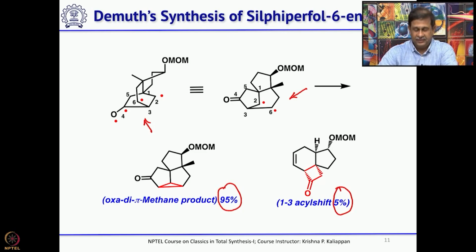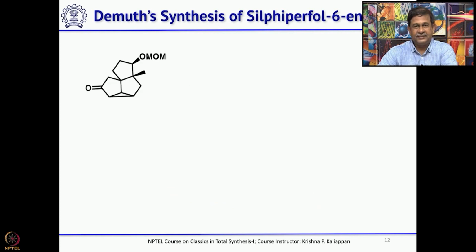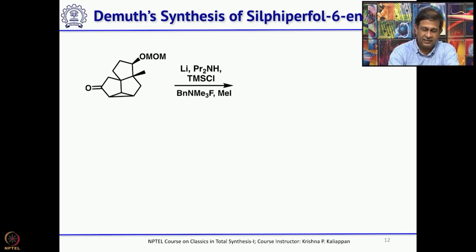formation. So, this tetracyclic compound next is reductively opened. Okay, so lithium and TMS chloride. So, what happens?